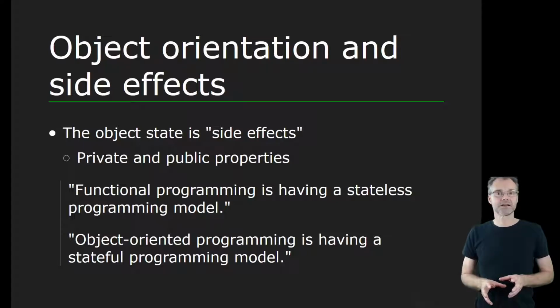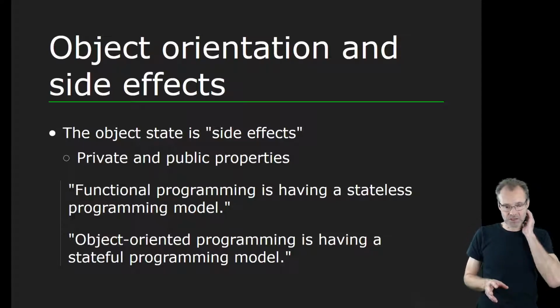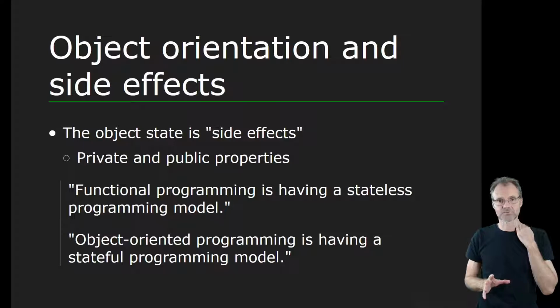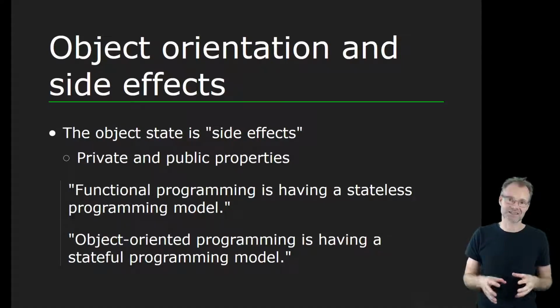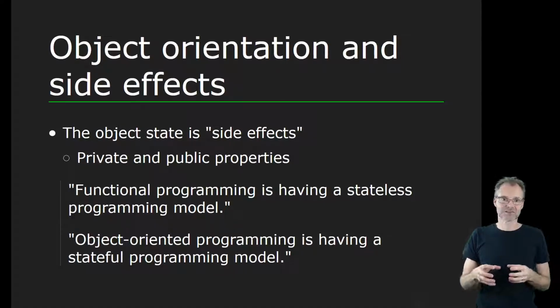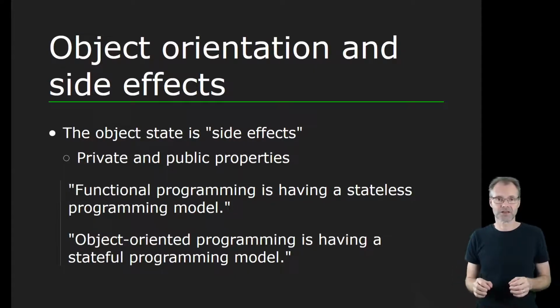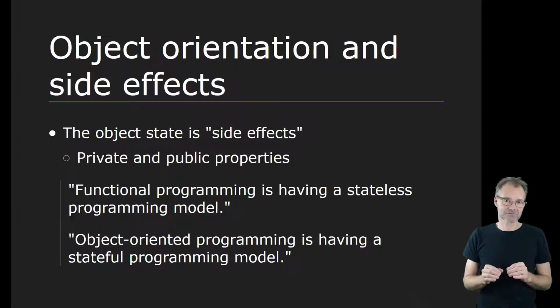Object orientation is a programming model that is having sort of a stateful programming model. So we have states. In a class we have member variables that are sort of containing the object state. And that is how it is. So we can't sort of avoid that. So a lot of these pure functions come from the functional programming model, where we are having a stateless programming model.